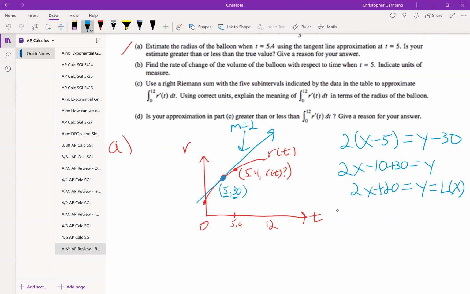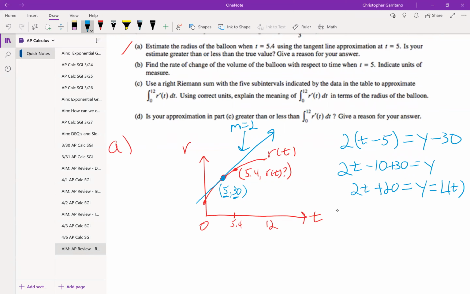That's my linear approximation. I'm going to use t, sorry, so instead of x, I'm just using t.